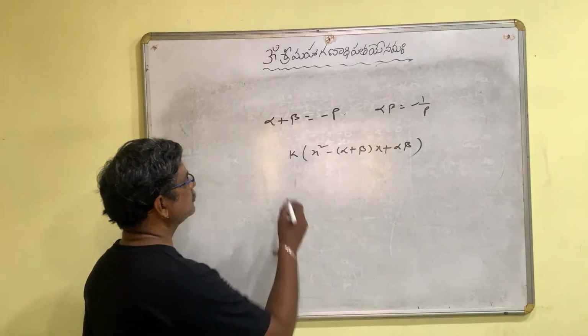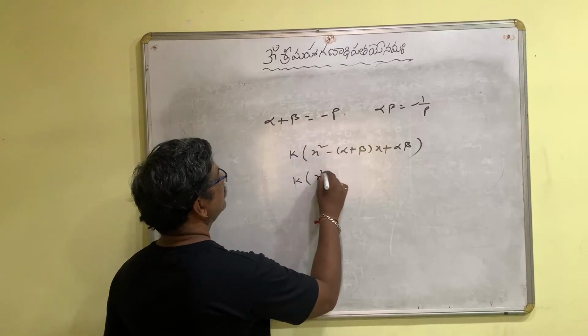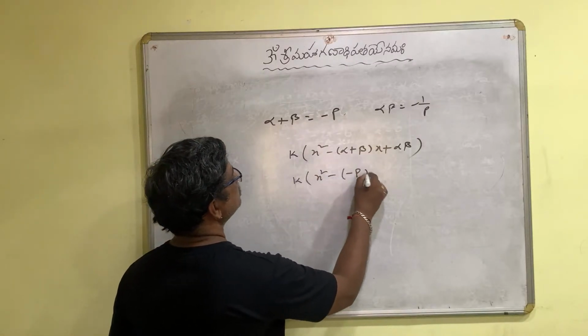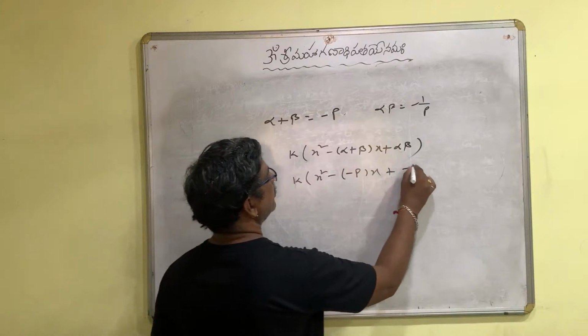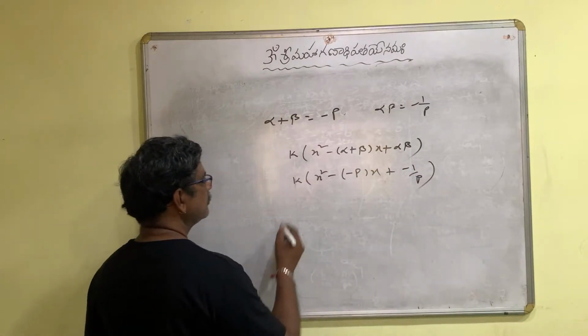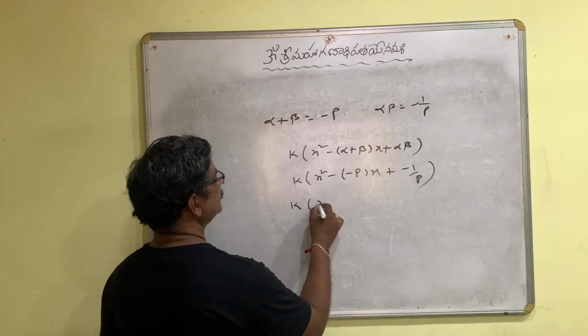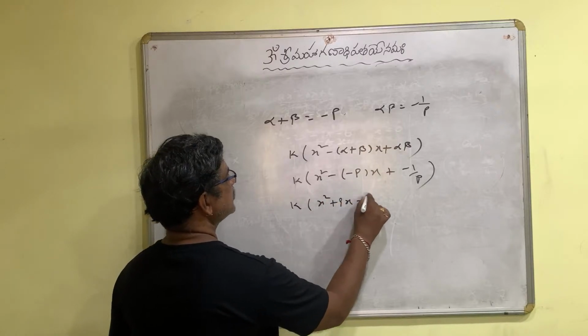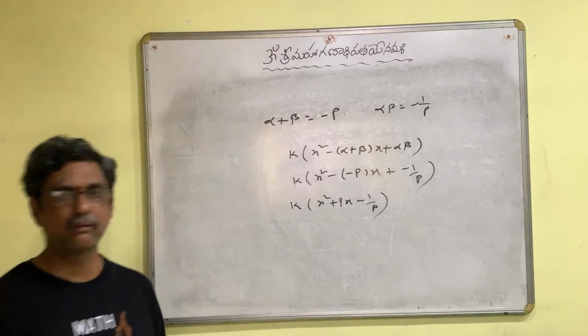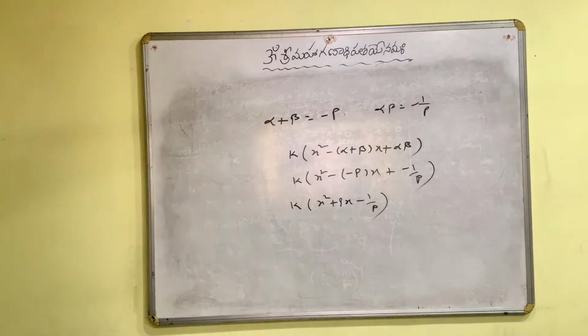Now substitute the values: k into x square minus p times x plus minus 1 by p. If you simplify this, what we will get? X square plus px minus 1 by p. I think this is the answer.